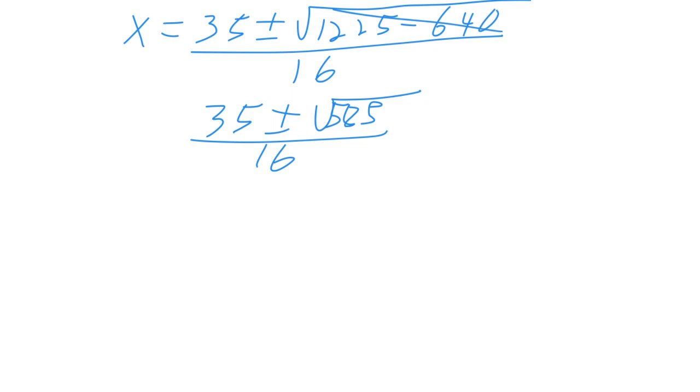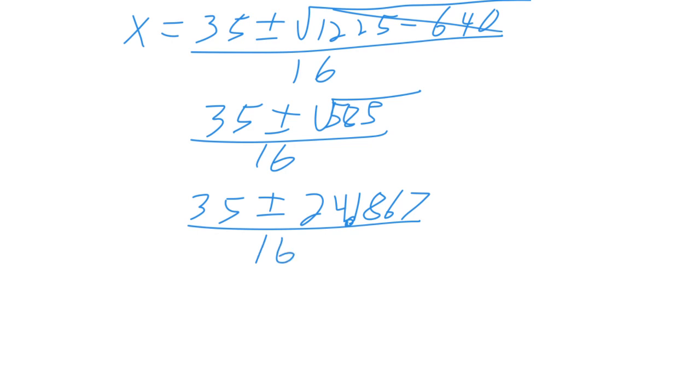The square root of 585. 35 plus or minus the square root of 585, which on the calculator is 24.1867. So I can get my decimal in there. All over 16. So here are your two possible answers.